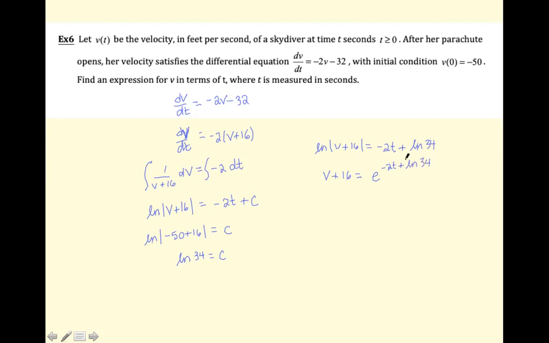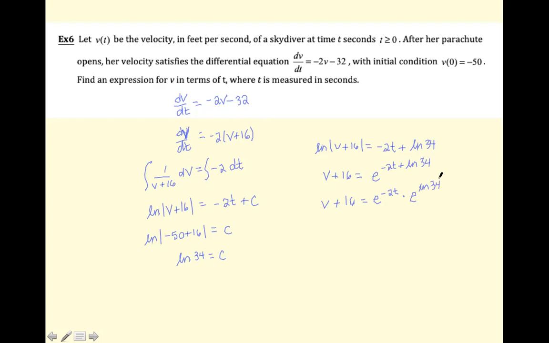Again, I'll just go ahead and split this into its two parts. Maybe that's easier for you to see. This is now e to the negative 2t times e to the ln 34. Again, when you multiply by the same base, you add the exponents. So working in reverse, if the exponents are added, you can write that as a product.